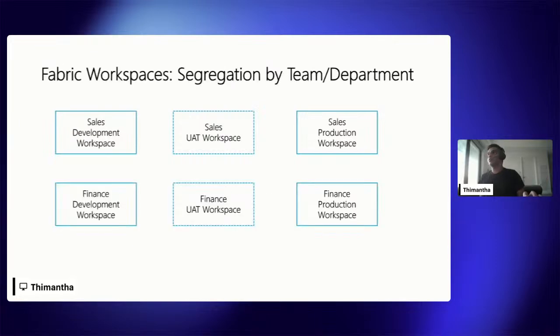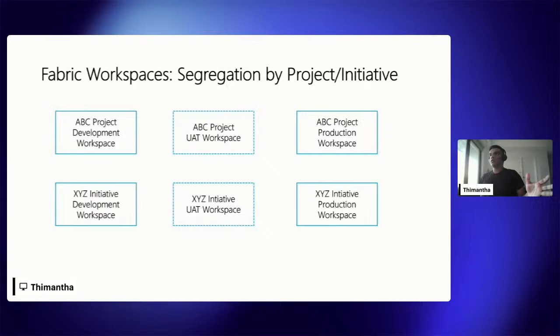And from the project or initiative level, the process is the same, right? As I mentioned, all the Fabric items related to a project would be in that specific workspace, and all the Fabric items related to an initiative would be in a separate workspace as well, so that all the Fabric items wouldn't reside in a single workspace.